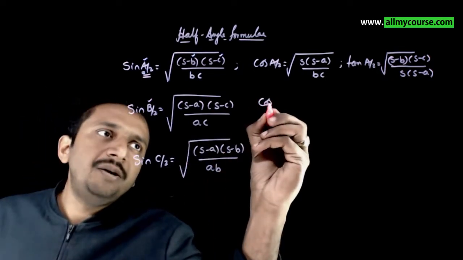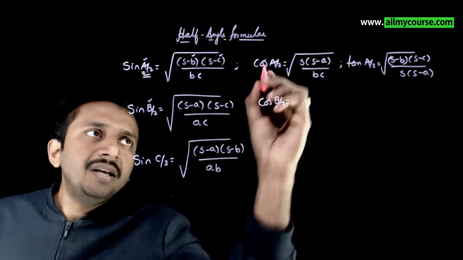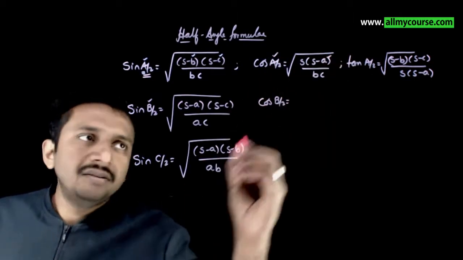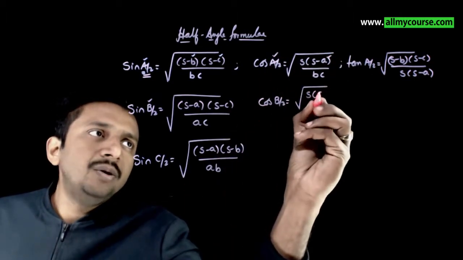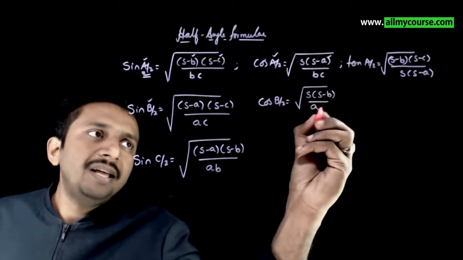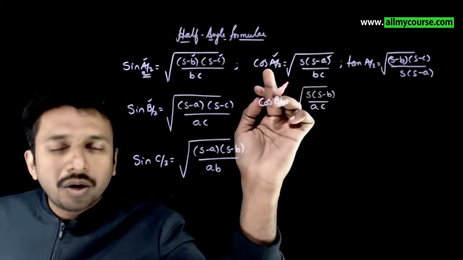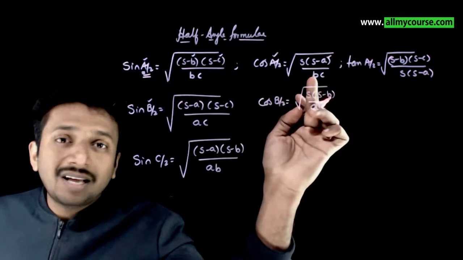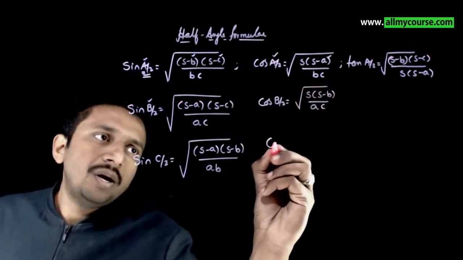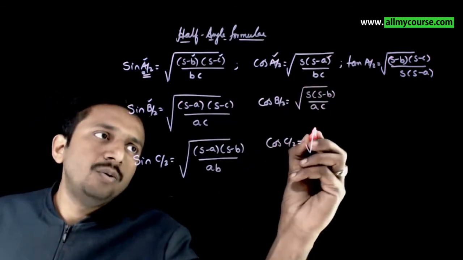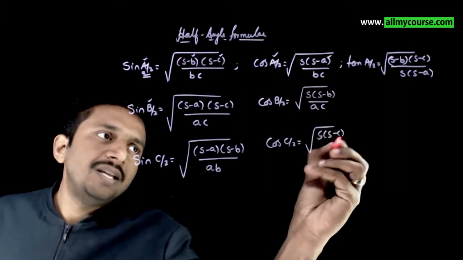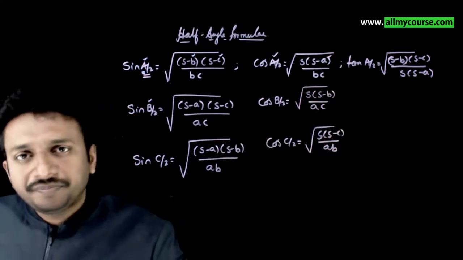Similarly, cos B by 2 is nothing but, if you have A here, you have A here. So root of S into (S minus B) by AC. In the denominator, whatever angle is used here, the corresponding side will not come. So what is cos C by 2? It's nothing but root of S times (S minus C) by AB.